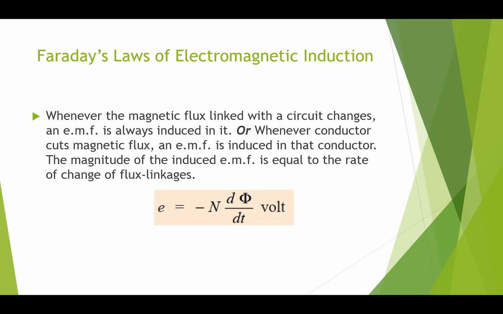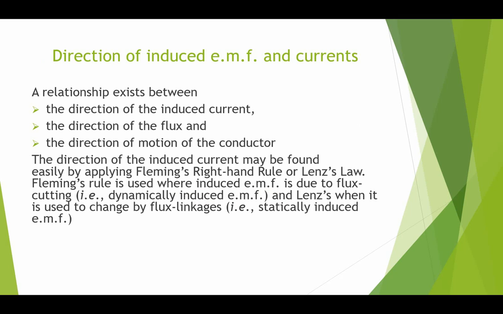So when the flux linked with the circuit changes, an EMF is induced in it. Or whenever a conductor cuts the flux, meaning the magnet is stationary and the conductor is moving, an EMF is also induced in that conductor, and its magnitude is given by this equation. This is what is called Faraday's Law of Electromagnetic Induction.